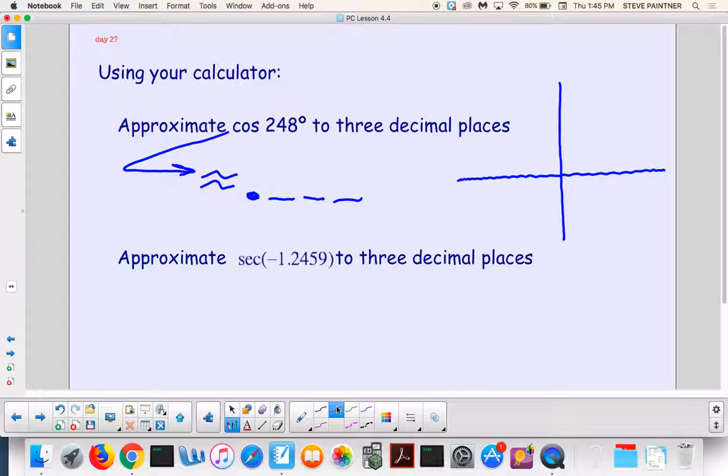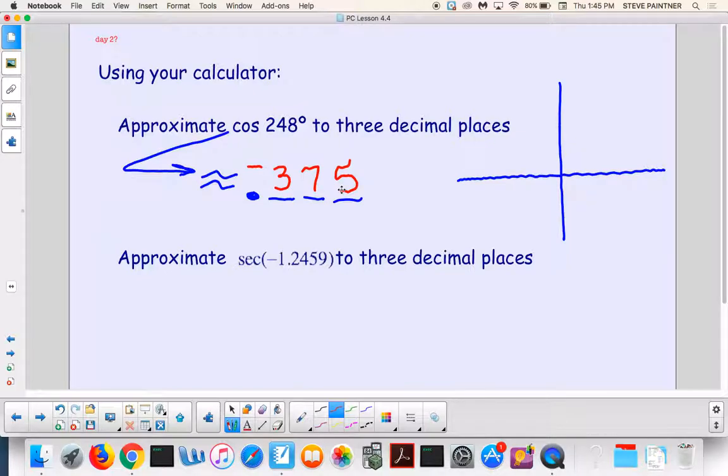Doesn't take long to type those 3 numbers and then, of course, cosine. Okay, Molly, go ahead. Negative what? Negative 0.375? Yes? No?